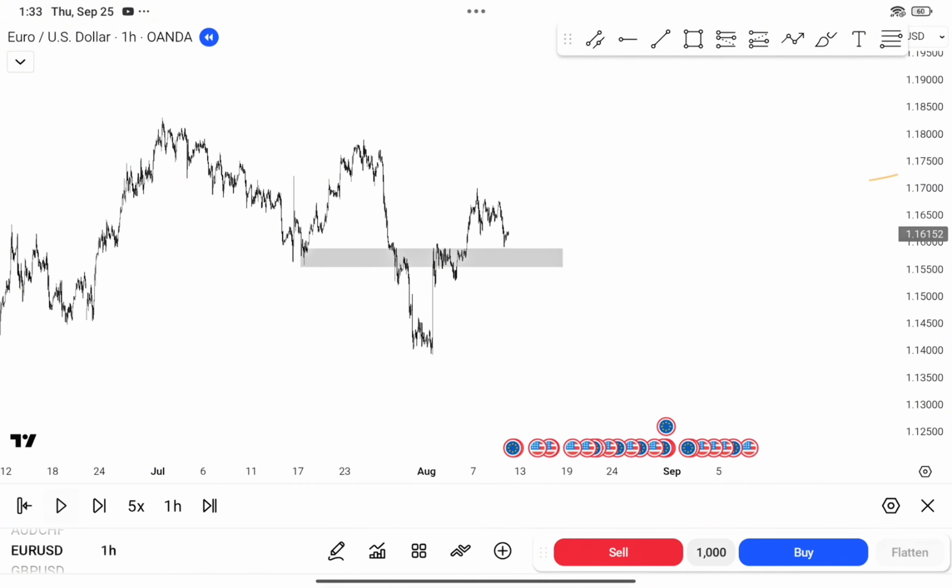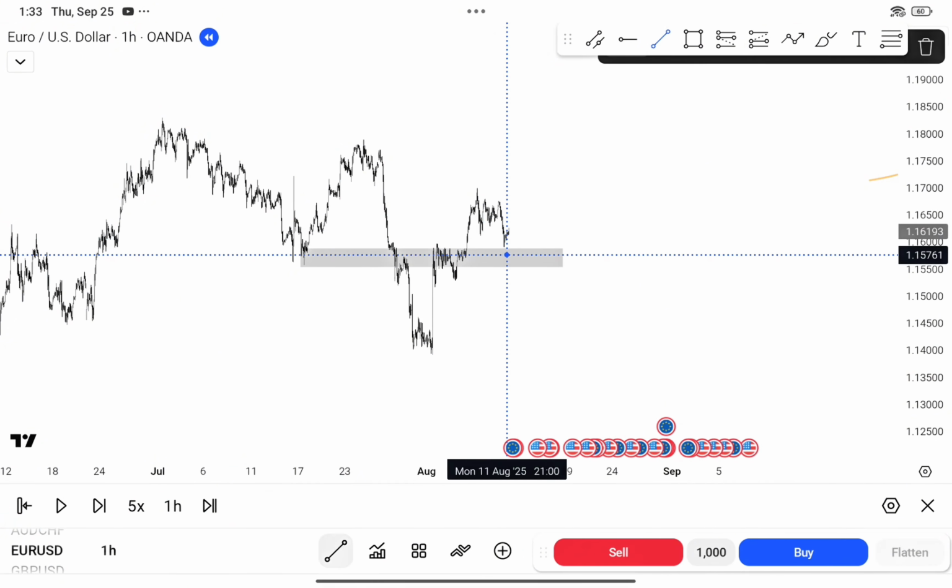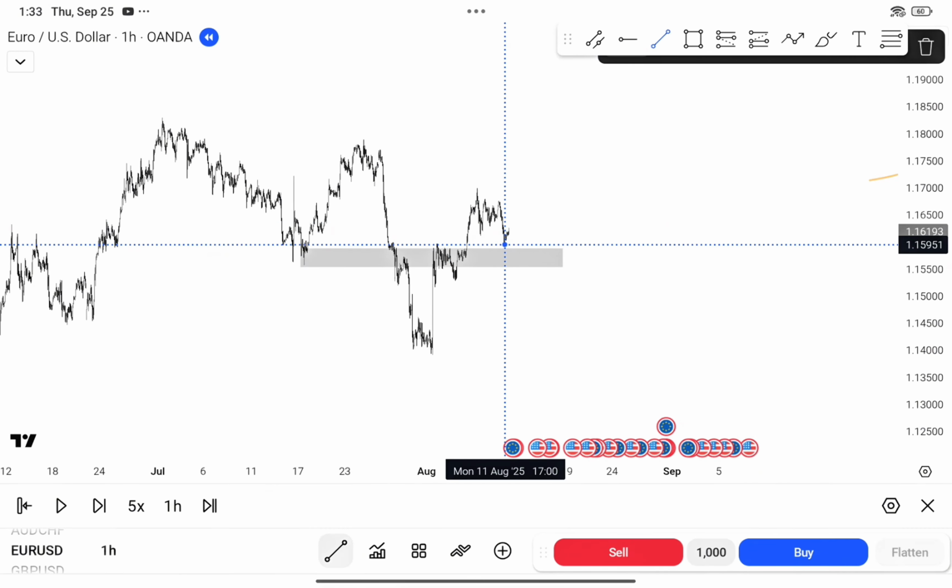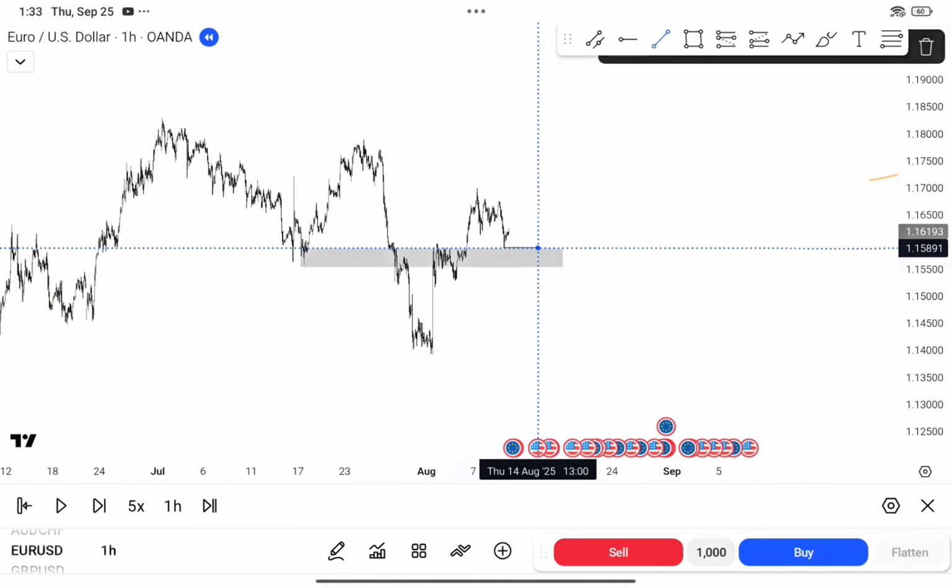It didn't get tapped into that zone. We would have used it, but it didn't mitigate that zone, so we used this place as our inducement.